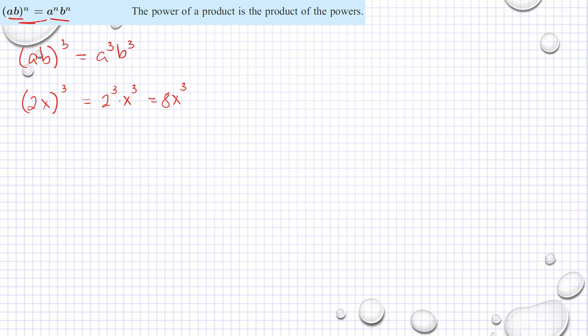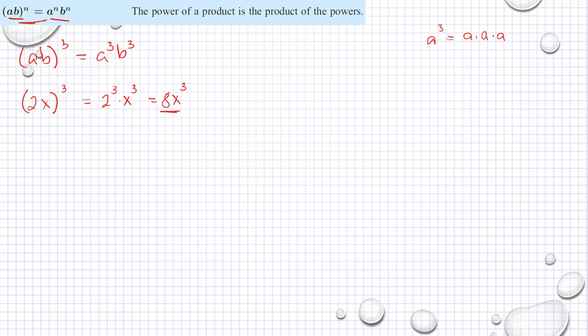I will explain now how we can get this product. For example, remember once again, if we have a raised to 3, it is the same as a multiplied by a multiplied by a.